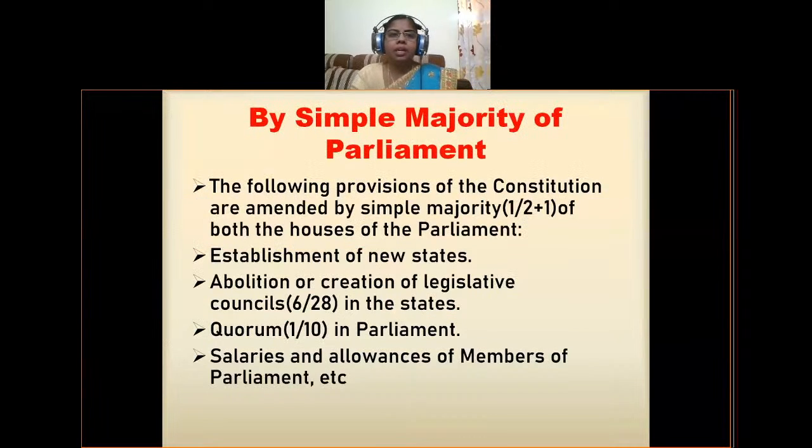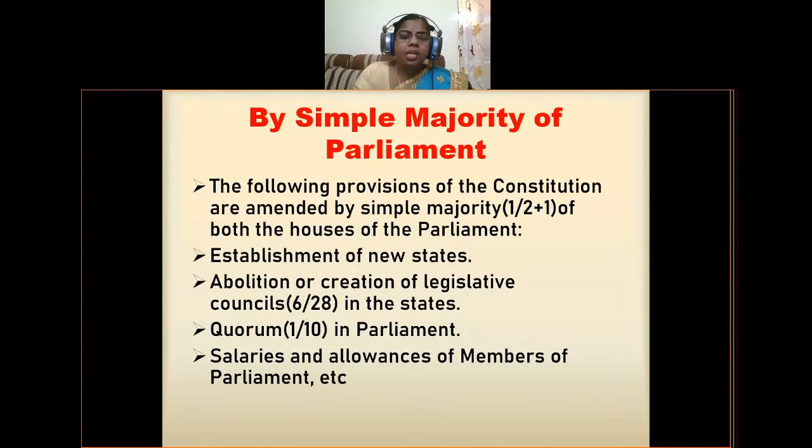Let us learn the first way to amend our constitution, that is by simple majority of Parliament. The following provisions of the constitution are amended by simple majority, that means half of the strength plus one of both the houses of Parliament.